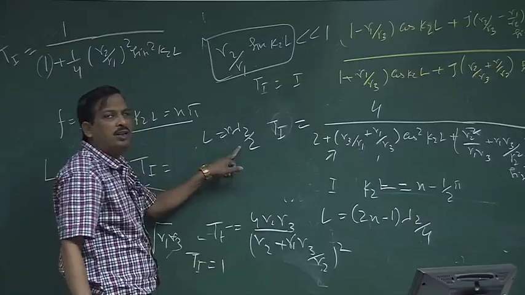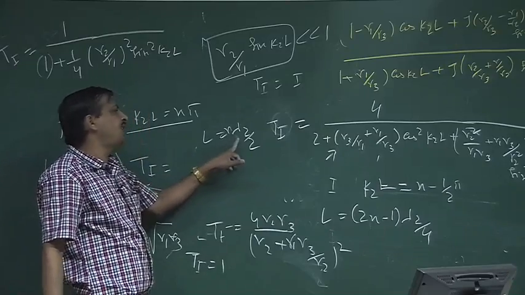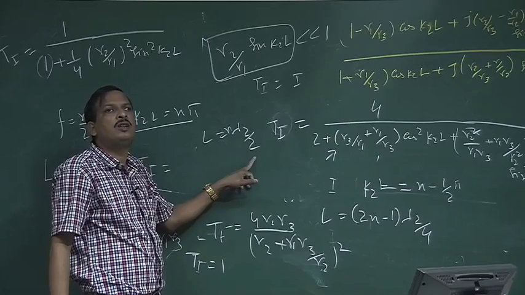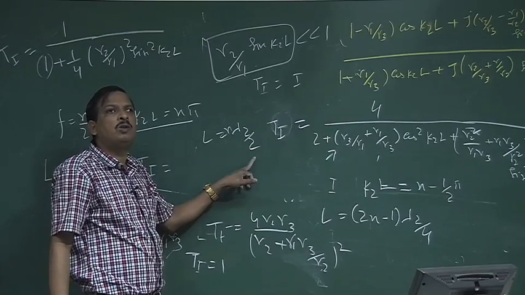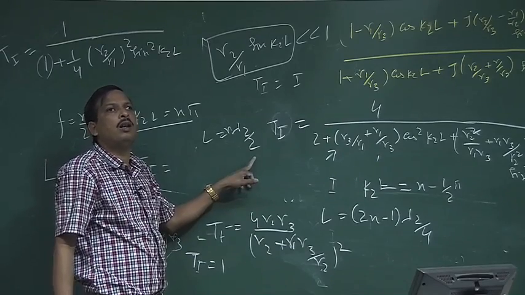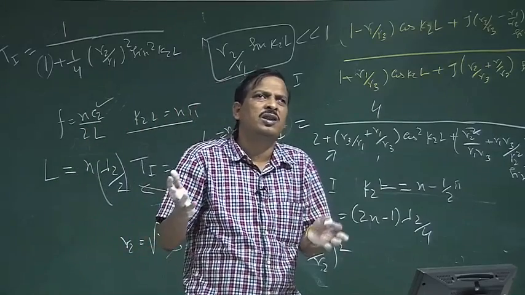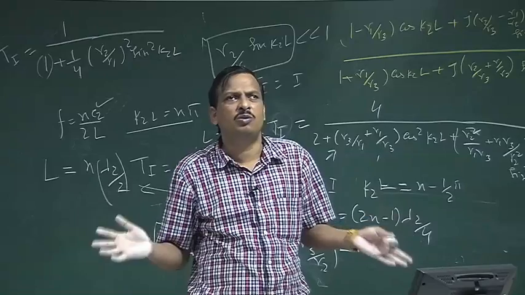For those frequencies for which L is an integer multiple of lambda by 2, Ti will be 1, so the transmitted wave will pass through the wall. This is what we will use when we design an acoustic studio.